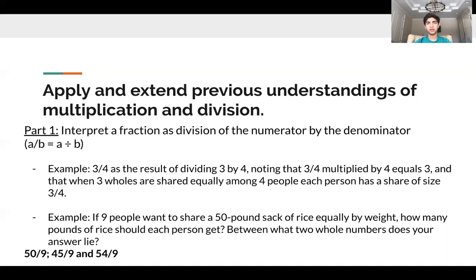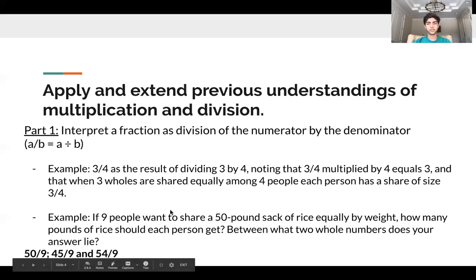Well, 5 and 5/9 is really just between two whole numbers, 5 and 6, because 5 and 5/9 is, as we know, just 5.55, something like that. The main idea is to understand that 5 and 5/9 is lying before 6, but after 5. And you can see the answer down here. It's lying between 45/9 and 54/9.